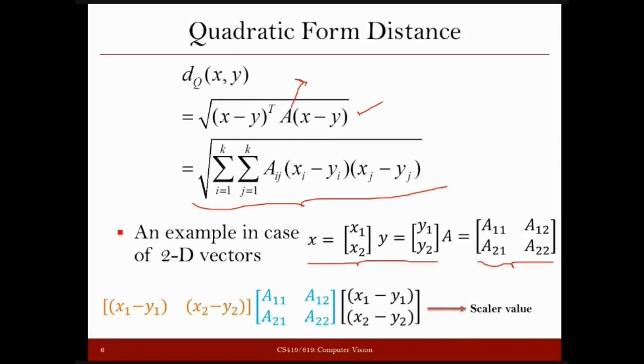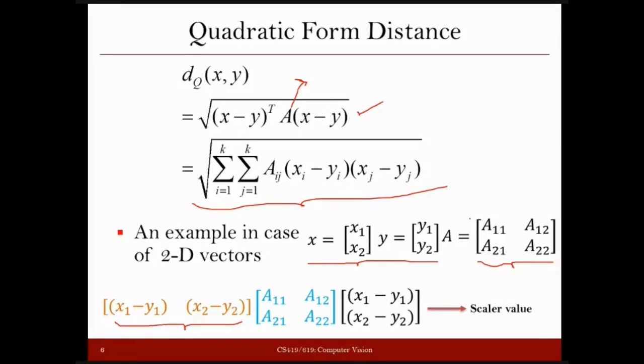So when you calculate x minus y, you get x1 minus y1, x2 minus y2, and those values you have kept here, right? So this is a vector again. What is the dimension of this vector? It is a 1 cross 2 vector, 1 row, 2 columns.